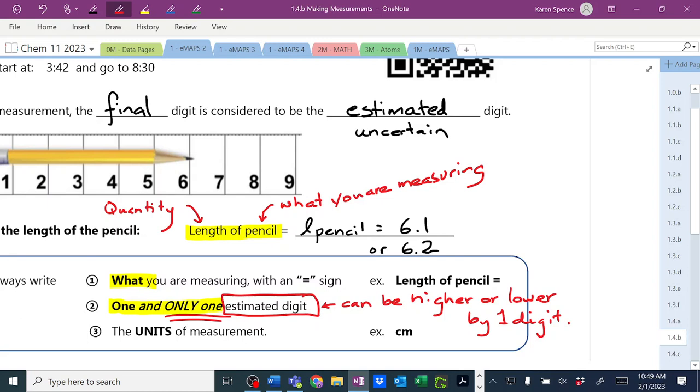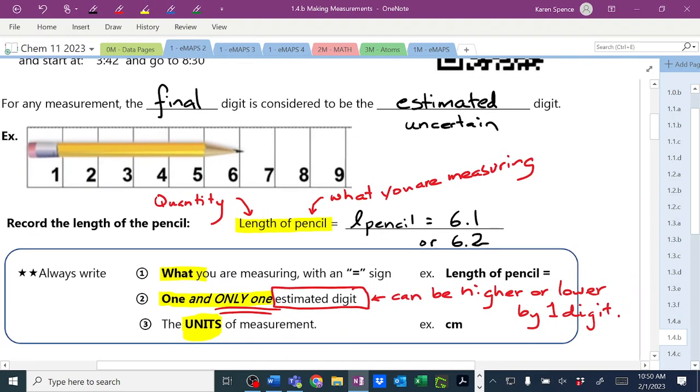Yes. Okay. Have we missed anything in this measurement? We need some units. Every time if you are in chemistry, you should not be writing a number without units. So in this case, this ruler doesn't actually say centimeters, but I think we can pretty much assume, since it is a pencil, that this is a centimeter ruler. And so we would write centimeters, cm.